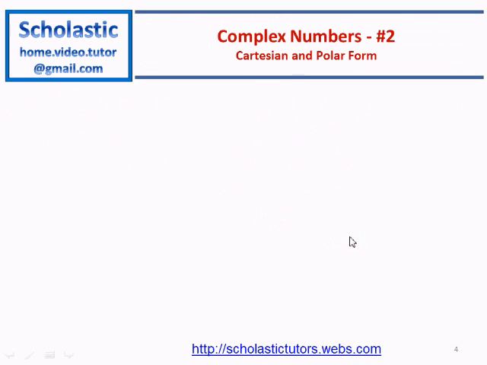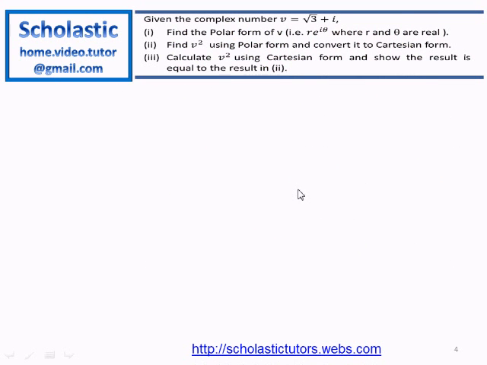Now come to the second part, in which we need to find v squared using the polar form. The polar form we got was 2 e to the i pi by 6. So we take the square of that.